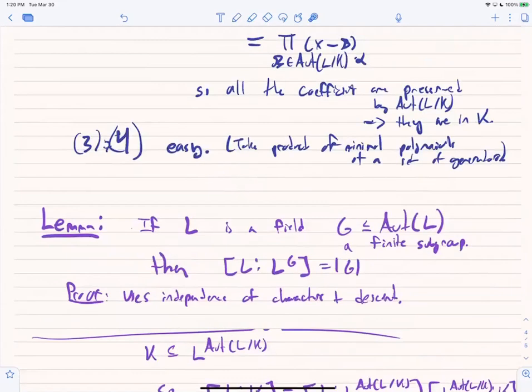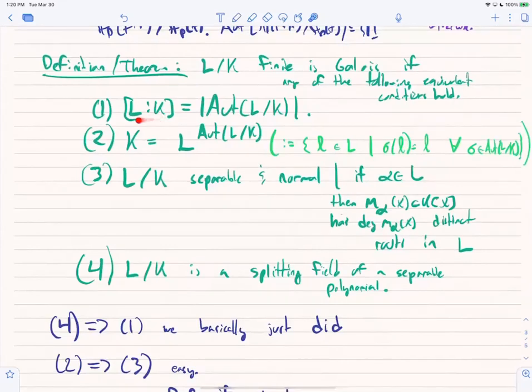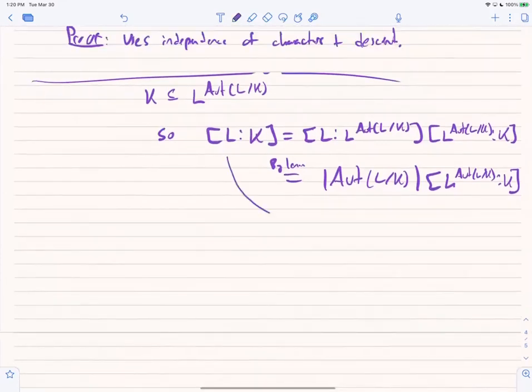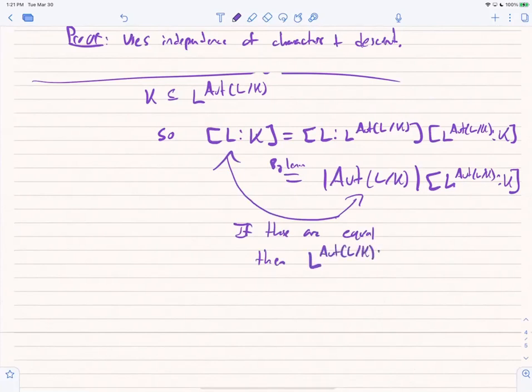But that means if the degree of L over K and the size of this automorphism group are the same, so if these are equal, then this other index has to be 1.